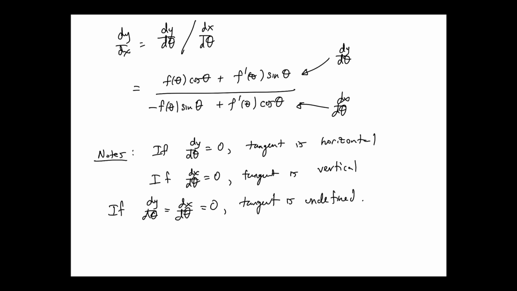For example, in Cartesian coordinates, absolute value of x is a good example of this. What is the derivative for x negative? It's -1. For x positive, it's +1. But at x equals 0, there isn't one. It's undefined. So that can happen here too. You just have to worry if they're both 0. If only one or the other is 0, that's no big deal. You either have a horizontal or a vertical tangent, and that's perfectly fine.